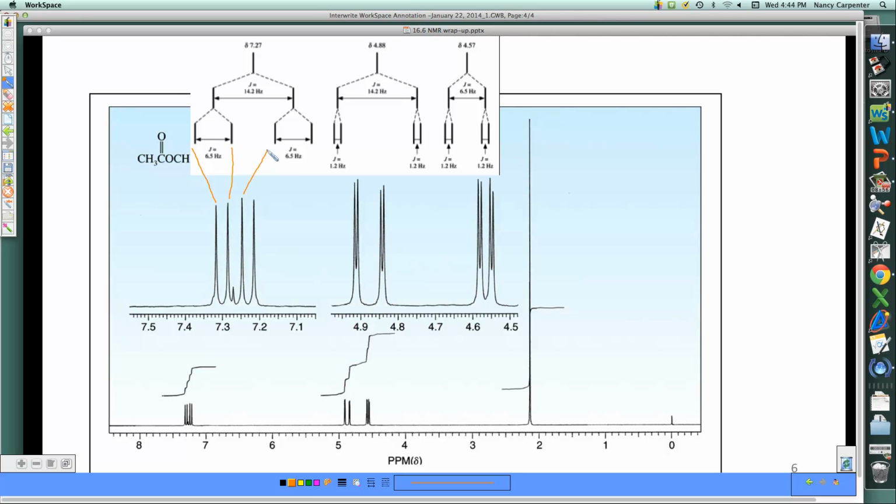So here is this lineup. The actual chemical shift is right smack dab in the middle, right there, 7.27. Note the big gap here, and then this is the 14.2 Hertz gap.